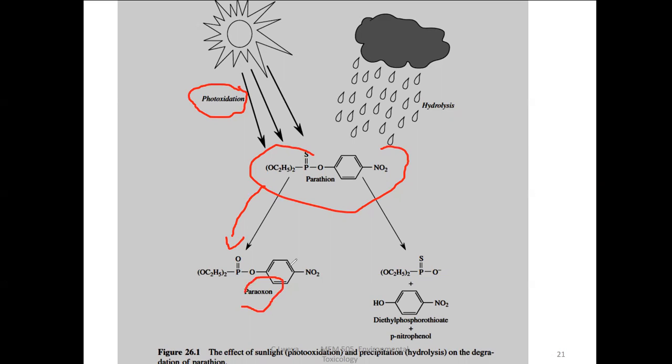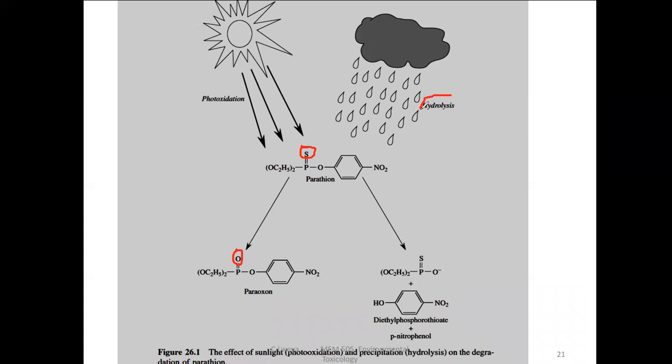It's parathion, 1 by 4. There's a nitrate here, the phosphate. Oh no, there's a change in the compound. Look here. It's called oxidation because oxygen has been added to it. The same compound has undergone photo-oxidation, having oxygen added to the chemical. Instead of sulfur, I've got oxygen here.